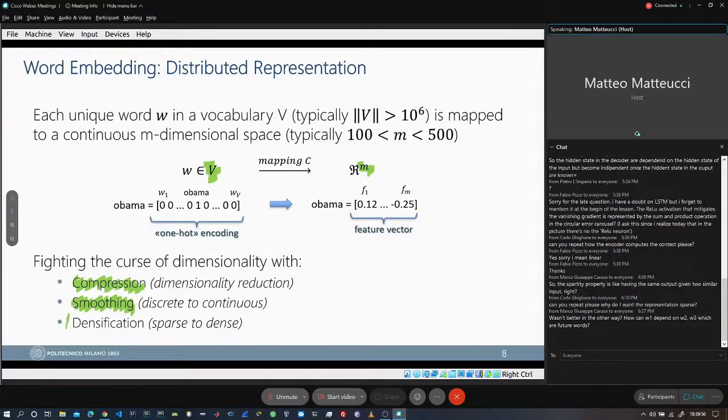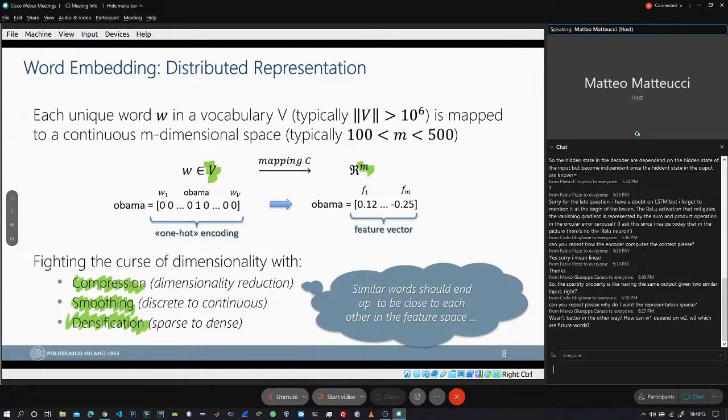And densification, because instead of having a lot of words in a huge space, very rare and sparse, you would like to have a dense set of points. Okay, so these are the ideas.